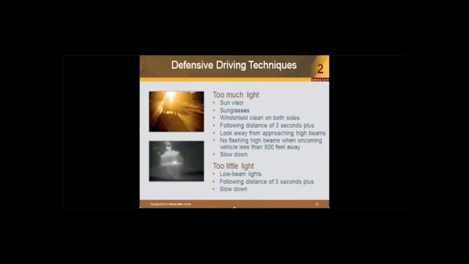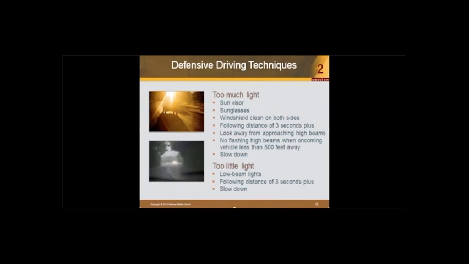Conditions you can't control. Turn to page 17 in your course guide. What are some adverse light conditions? How about too much light? Too little light? How about sun glare, reflected light, high beams from oncoming vehicles, or high beams from vehicles behind? Boy, that's irritating, isn't it?